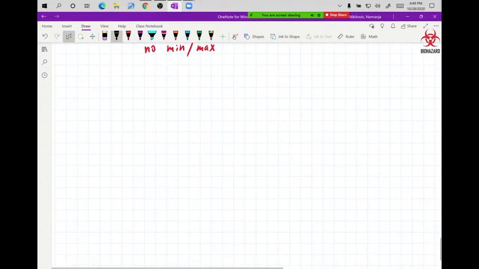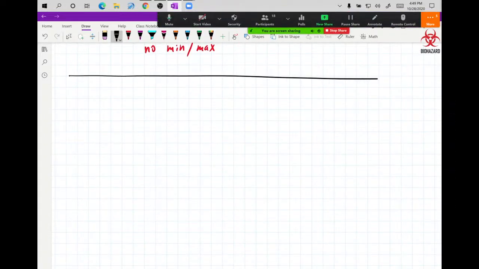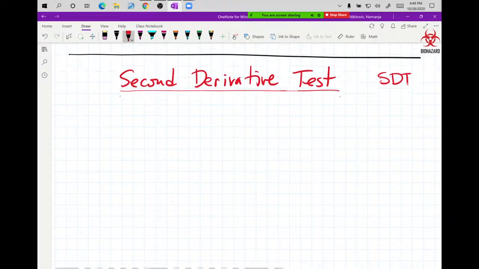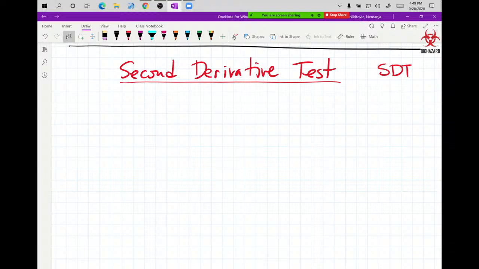derivative test, and now we're going to jump into the second derivative test, SDT. Now, the second derivative test, guys, is going to have the absolutely same steps, except done on the second derivative.